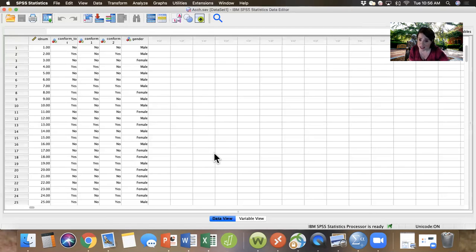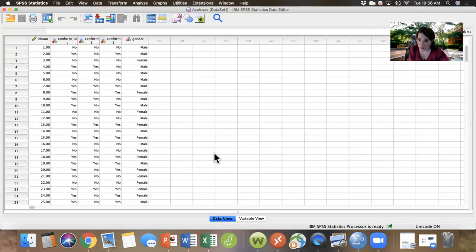But what Asch did is he looked to see whether participants would choose the incorrect answer if all of the Confederates chose the incorrect answer. Would the fact that the majority of the people in the room with the participants selected a different answer pressure them to conform and select the incorrect answer?